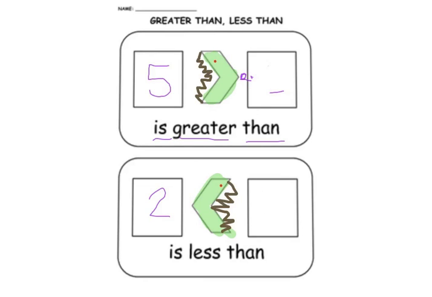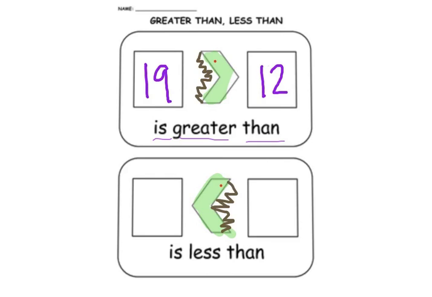So let's try it with a couple more numbers. Okay, I'm going to erase those, and I'll stick with the purple. So I could say 19 is greater than 12.